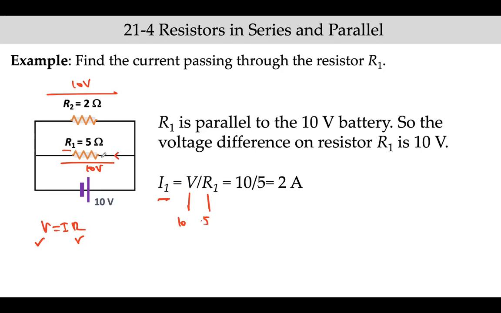So 2 amperes is passing through here. And if you want to calculate the current here, again, do 10 divided by 2, and it will give you 5 amperes here. Now, the next question can be, what is the total current passing through the battery? Well, if it's split into 2 and 5, then that means it was 7 amperes.